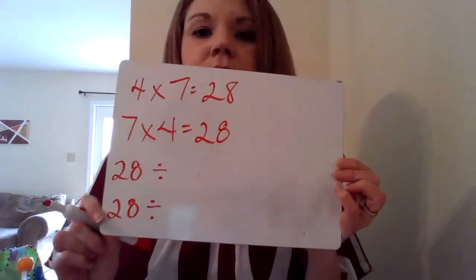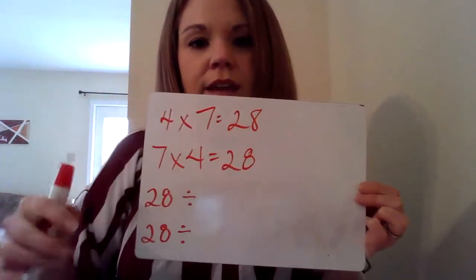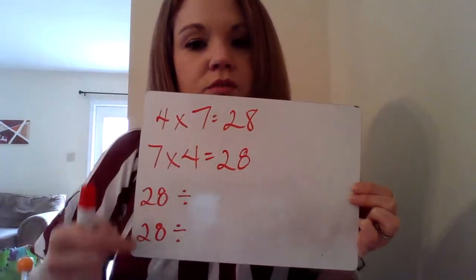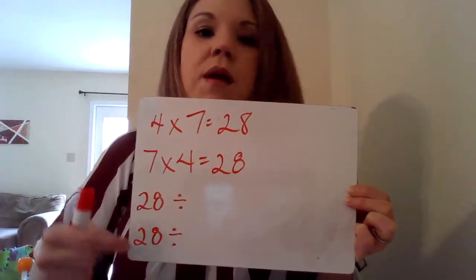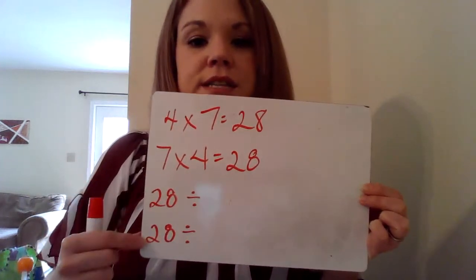So I have 4 times 7 equals 28, 7 times 4 equals 28. And then I'm going to put 28 at the beginning of both problems. So I know that my 3 numbers are 4, 7, 28. 28 is the product, so 28 starts this problem as the dividend here.